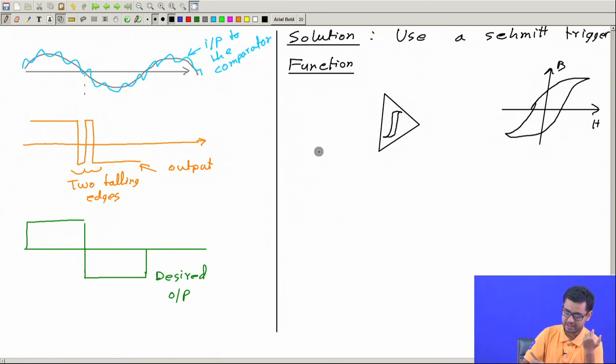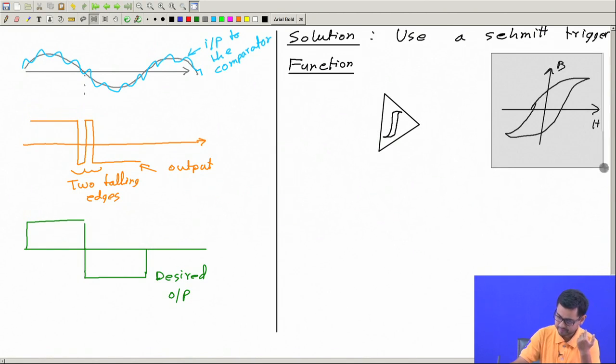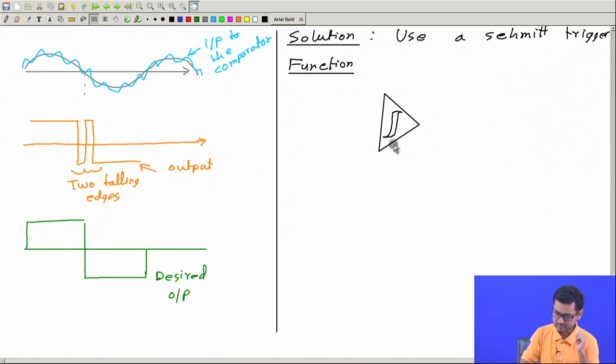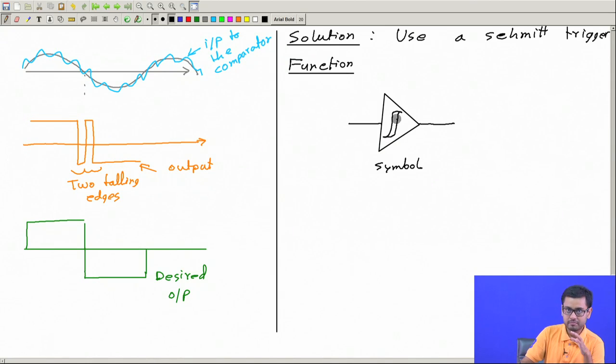Draw this symbol inside. Okay, so this is the symbol of a Schmitt trigger. We will also understand soon why this hysteresis loop is inside.